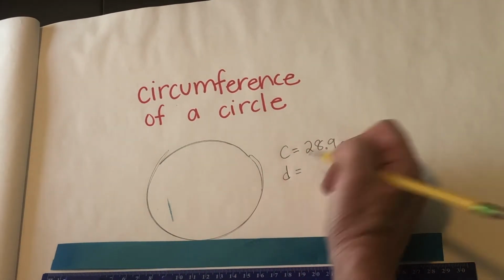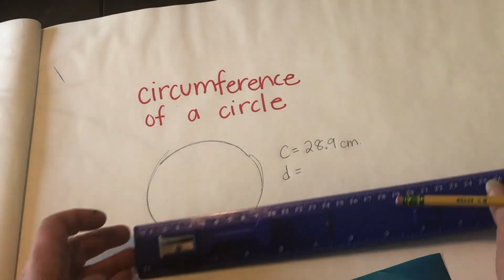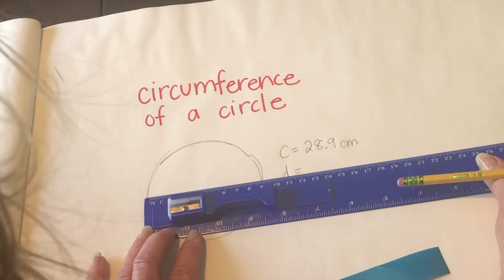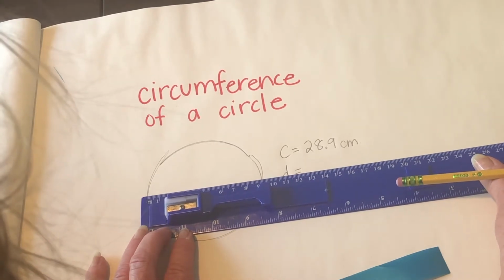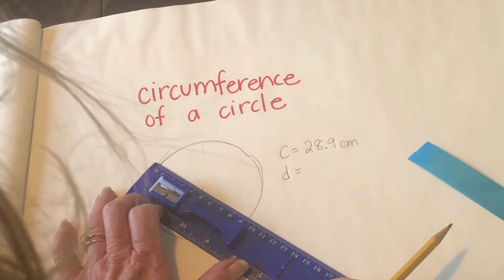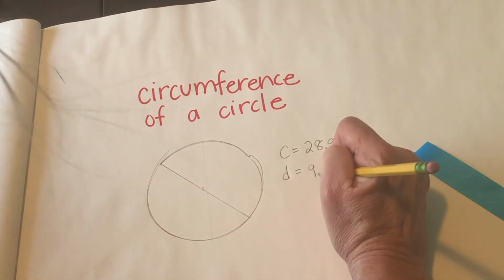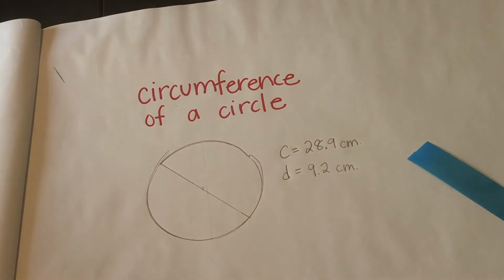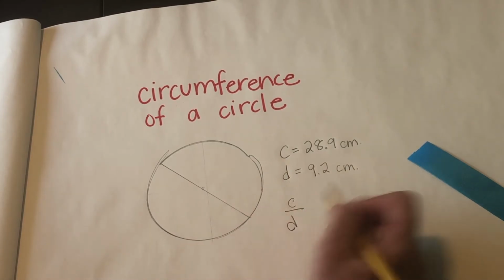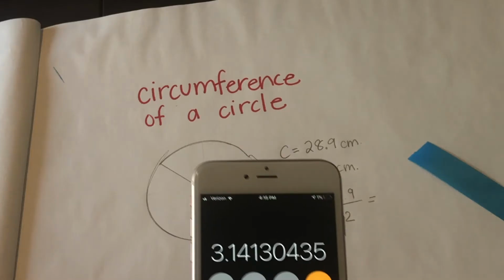The next measurement I'm going to find to see if there's a relationship between circumference and diameter is the diameter. So I'm going to find a point, it's hard to find the center, and measure across the circle, and I get approximately 9.2 centimeters. So now I take these two measures and I see what circumference divided by diameter is.